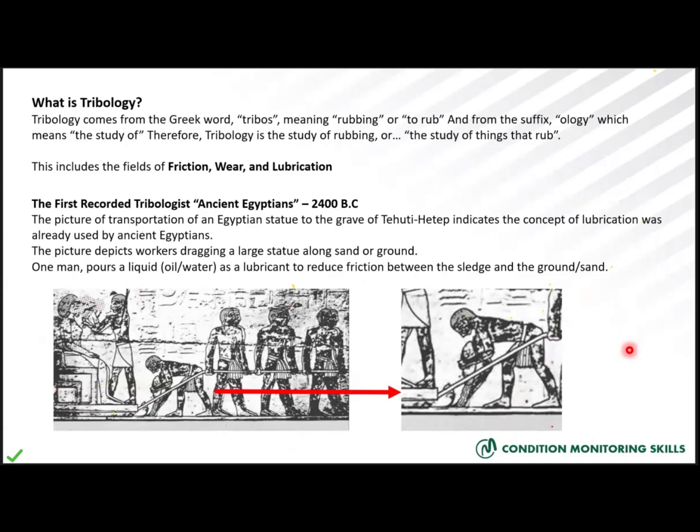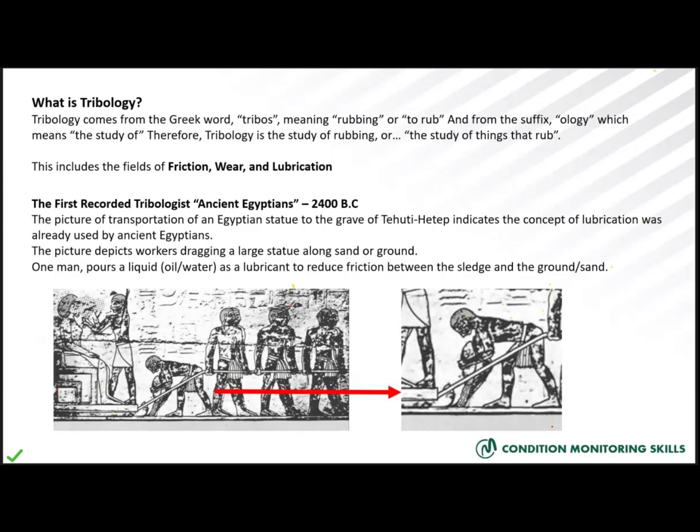What is the meaning of tribology? Tribology comes from a Greek word, tripos, meaning rubbing, or to rub something, and the suffix ology means the study of. So we can say that it is the study of rubbing things, or things that rub.